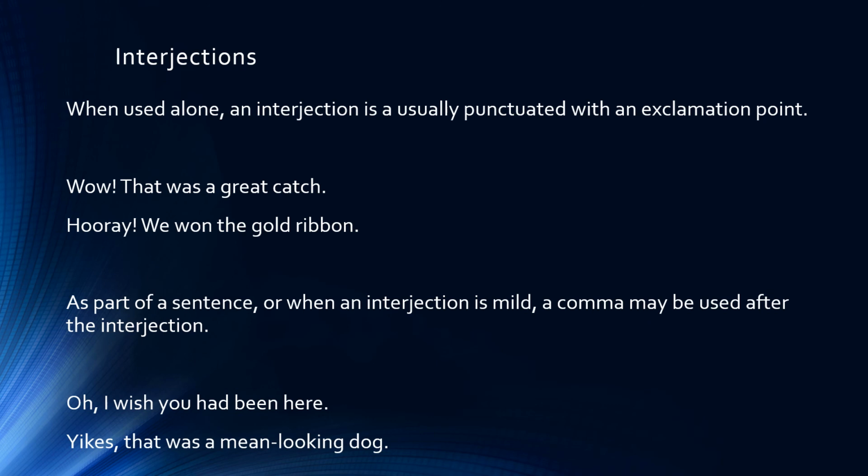Oh, I wish you had been here. Yikes, that's a mean-looking dog. They're a little less emotive than the ones that are emotionally charged. And it's according to how we're using it in the sentence that will determine if it is going to be followed by an exclamation point or simply a comma.